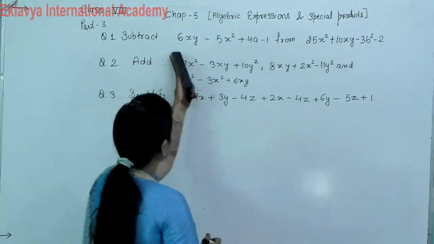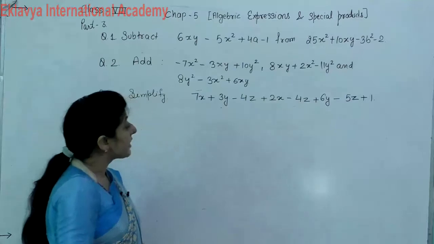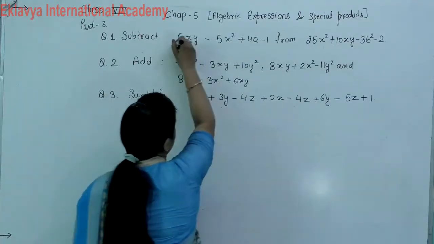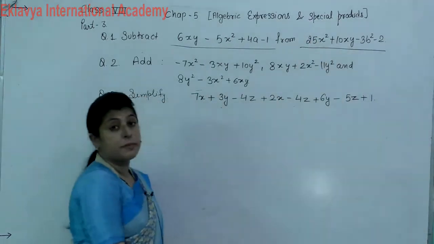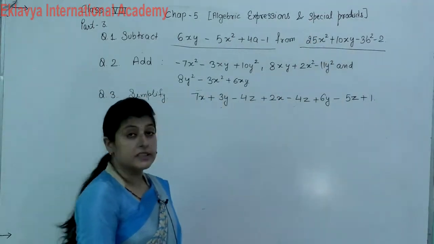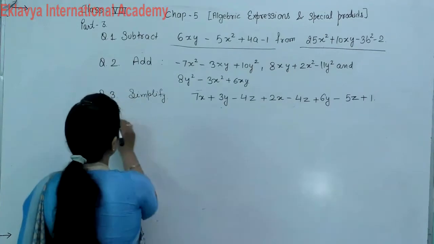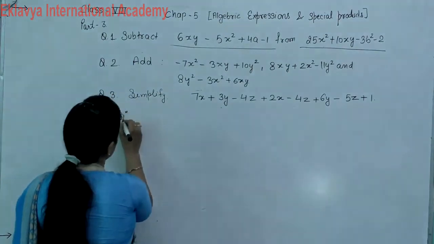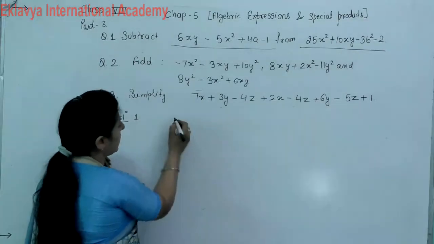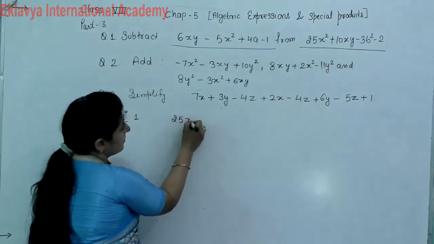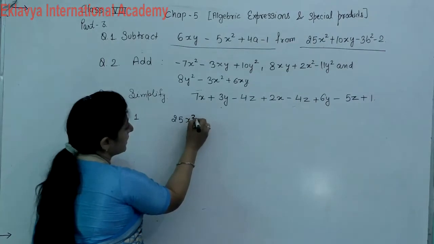See here, in the first question they have given two polynomials. First polynomial is this, second is this one. We have to subtract this from this. Then obviously in the column method also, firstly we write down the given polynomial.